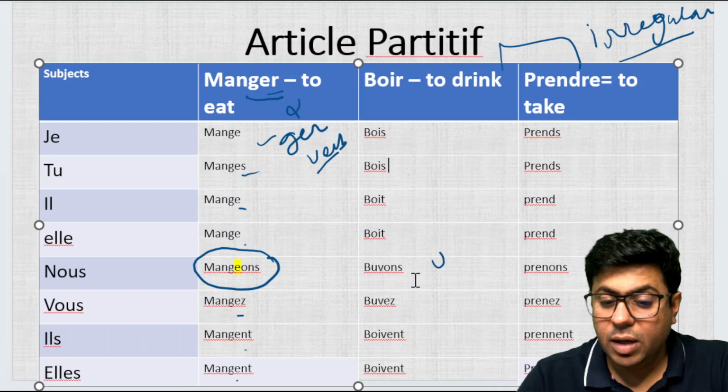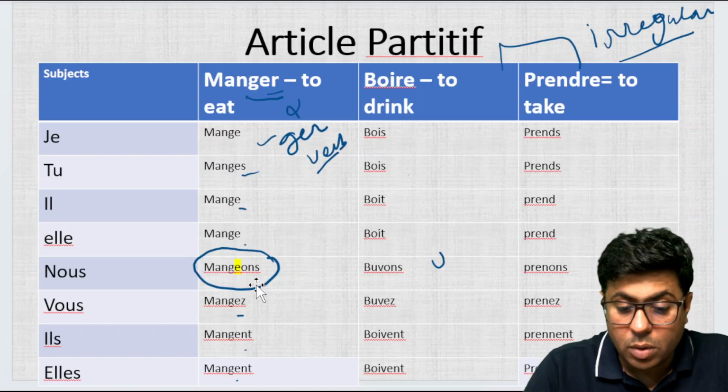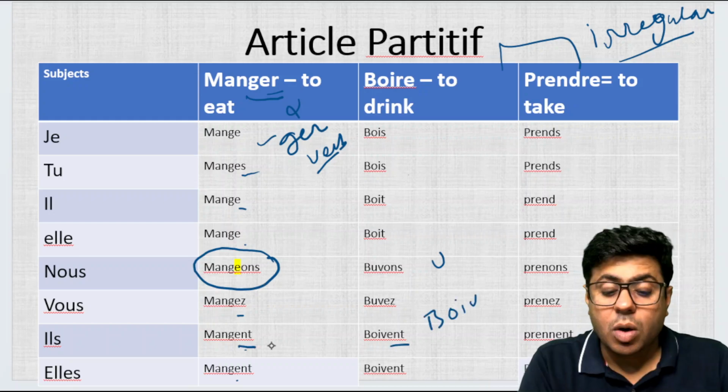ENT in a verb is always silent. Don't forget this rule. ENT at the ending of the verb is always silent. So we take the pronunciation till here: boive. Okay? Never pronounce the ENT whenever it comes in the plural form. Like the first one was mange.